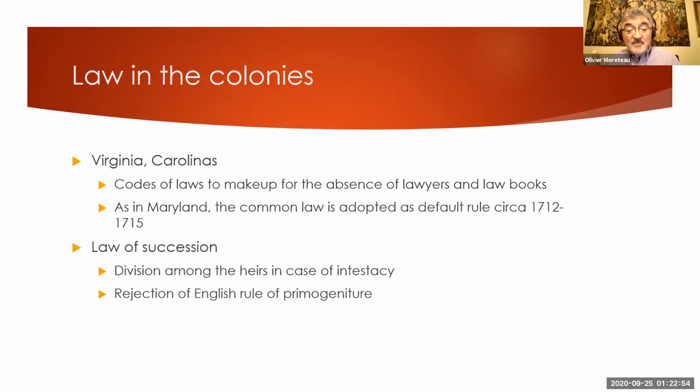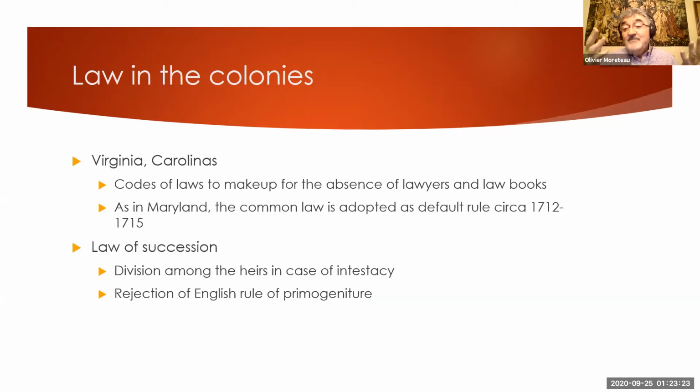An example showing the departure from the common law was the law of succession. The Americans favored the division among the heirs in equal shares in the absence of a testament. There was a clear rejection of the English rule that the eldest son was to inherit the property.